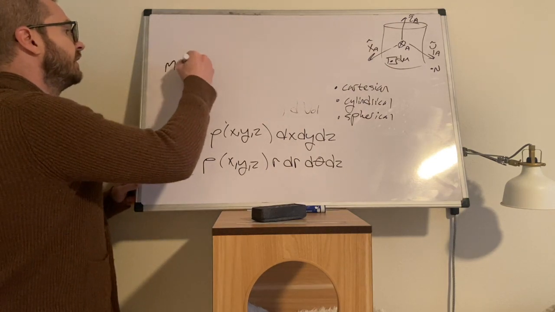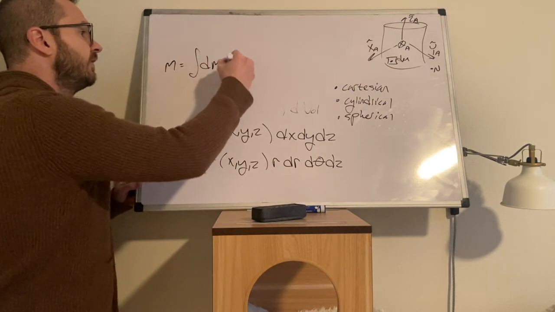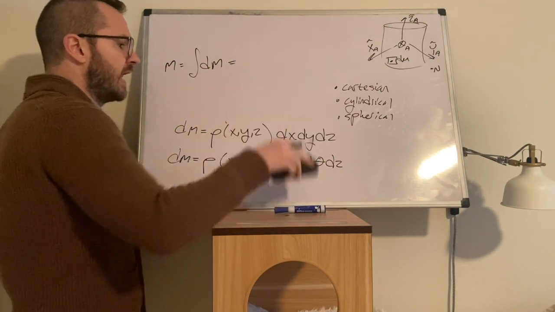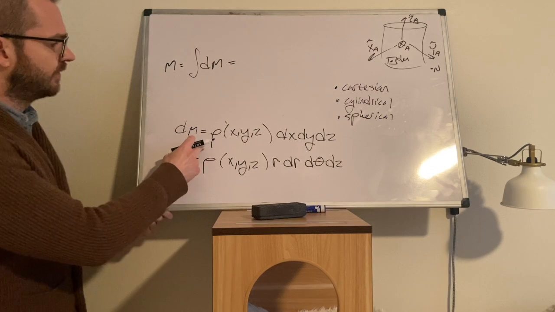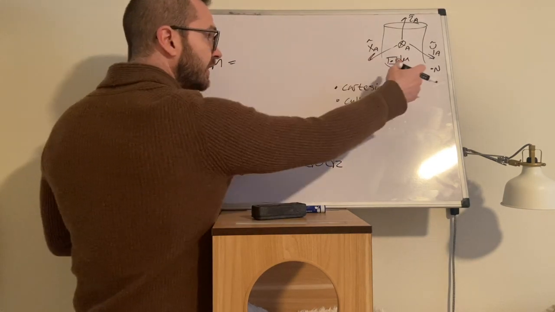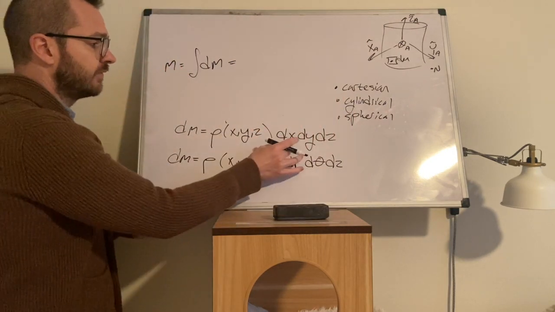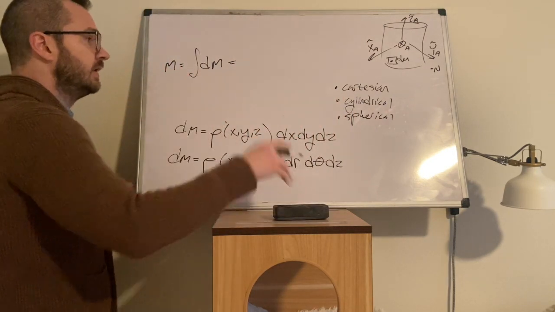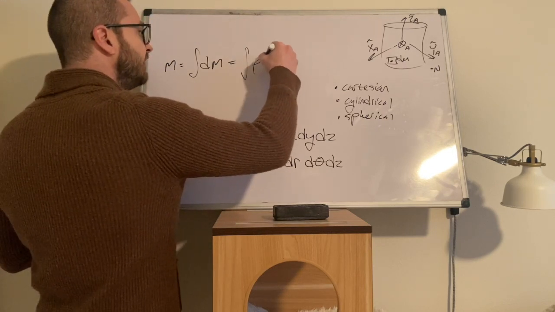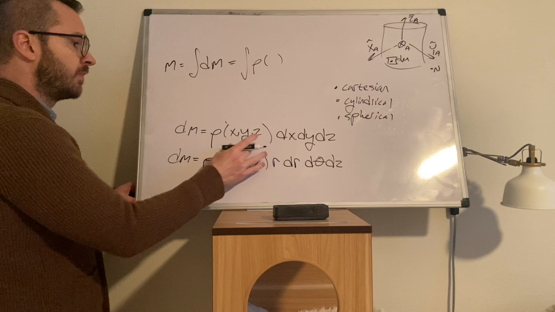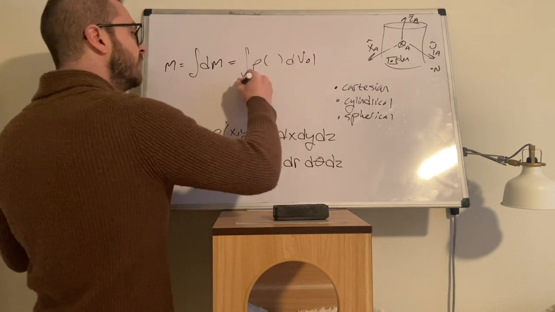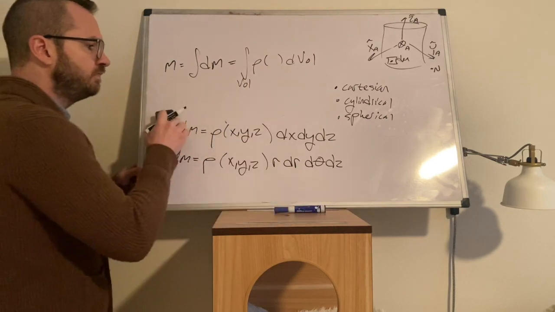So the mass is going to equal the integral of that differential bit of mass. And again, perhaps we have some function for the density, and perhaps some function for the shape of the container as well. So we could describe it using a single integral: density d volume, integrated over that volume.